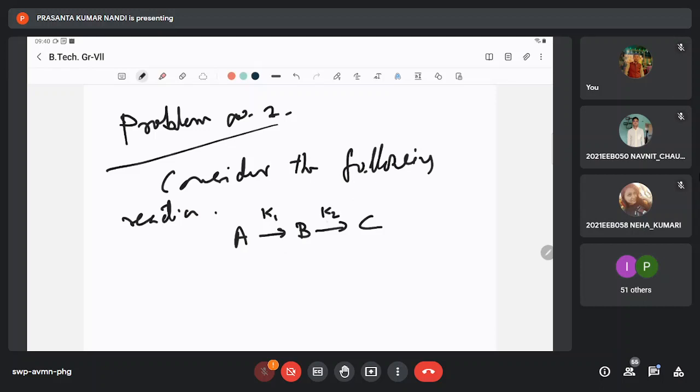And at t equal to 0, initially the concentration of B equal to the concentration of C equal to 0. Right.